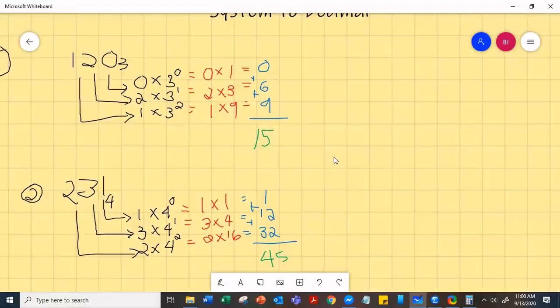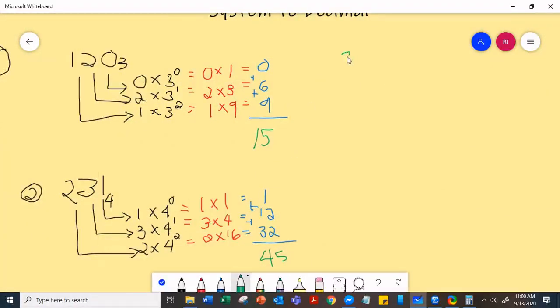Let's have one last example here. This time around, we'll use base 5. Base 5 has 5 symbols. So we can only use 0 to 4. So let's have 5, 3, 2, base 5.